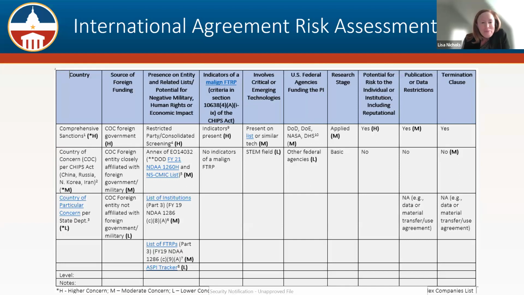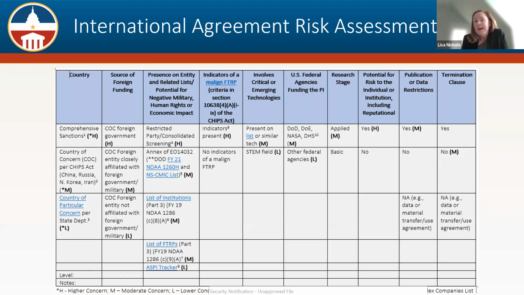But the NSCMIC list, which is included in the DoD matrix, and then also the list that was developed in response to the fiscal year 19 National Defense Authorization Act, Section 1286. That list of institutions that was included in the June 2023 document that DoD published and also in their matrix, and then also the list of foreign talent recruitment programs from that same list, as well as the ASPE tracker.